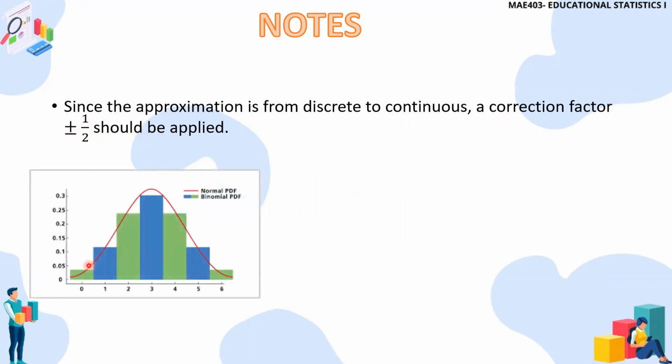This is because, as you can see here, the square shape is the binomial probability distribution function, while the curve is the normal probability distribution function. For example, if you want to find the probability of X greater than or equal to 1, approximate it with the probability of X greater than 0.5, to include the area of the rectangle for X equal to 1.